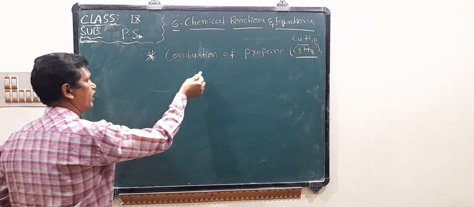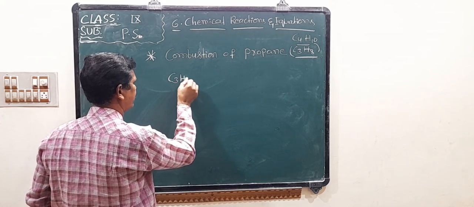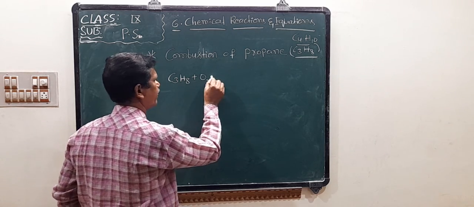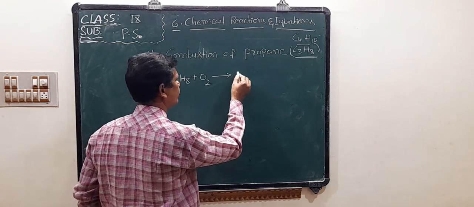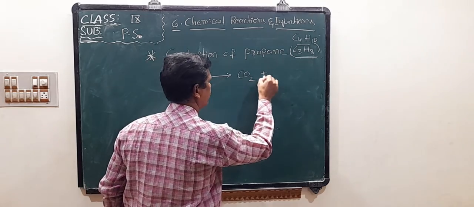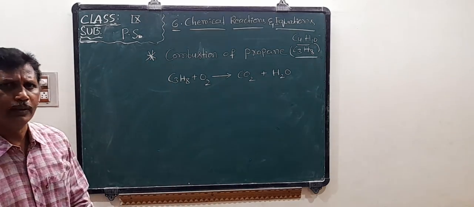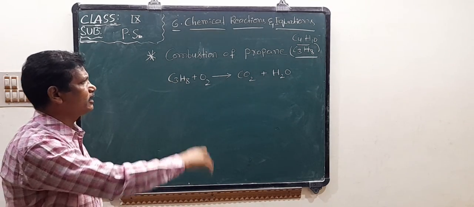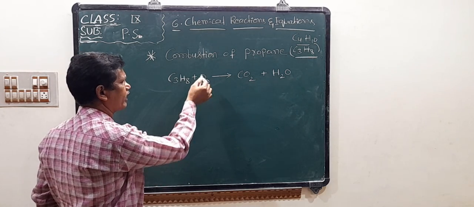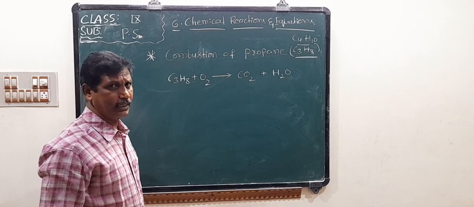Propane, C3H8, plus oxygen, O2, gives carbon dioxide, CO2, and water, H2O. This is the unbalanced chemical reaction. Propane burns in oxygen to form carbon dioxide gas and water.